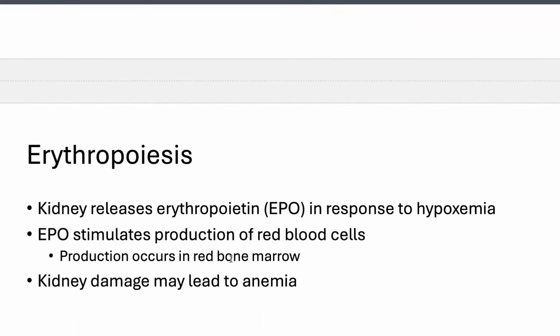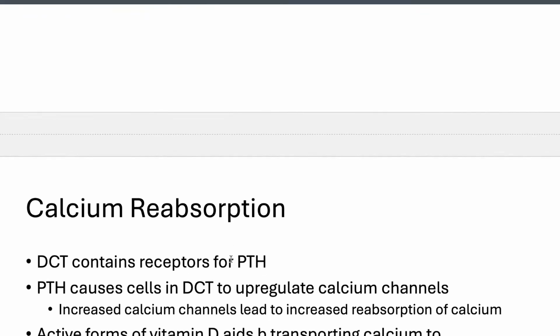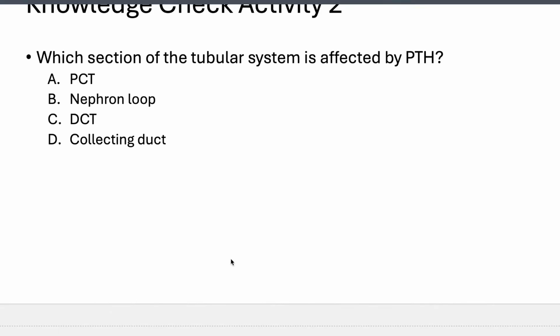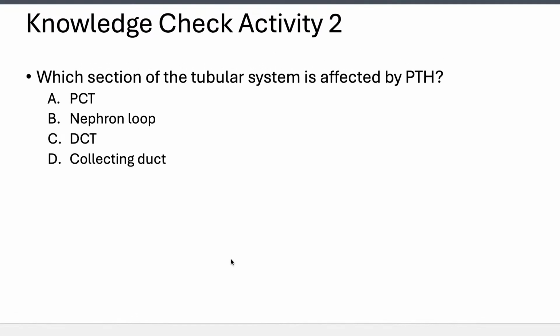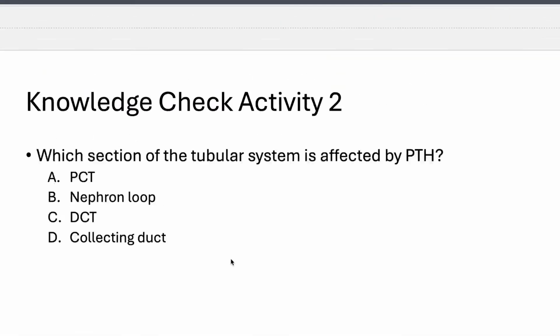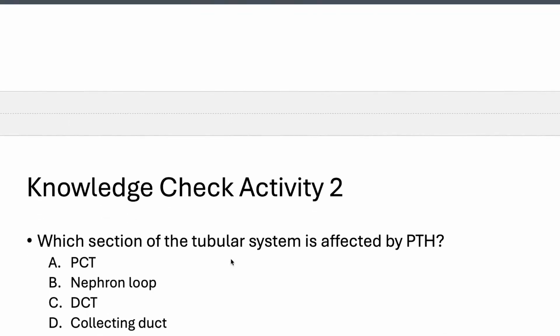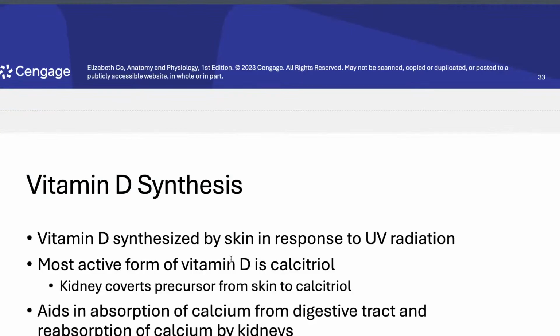Erythropoiesis. So kidneys release erythropoietin in response to hypoxemia. EPO. This can be another note as well. Parathyroid hormone. Okay, so three more slides.